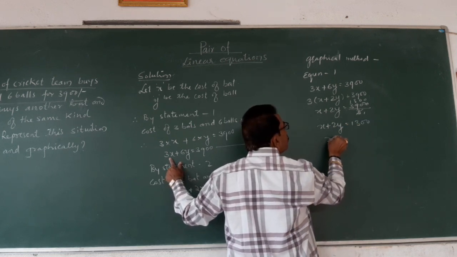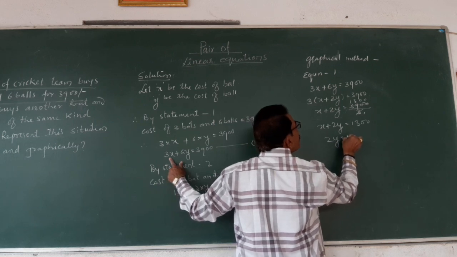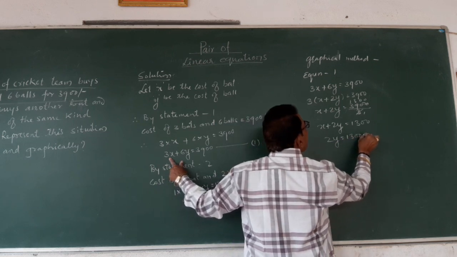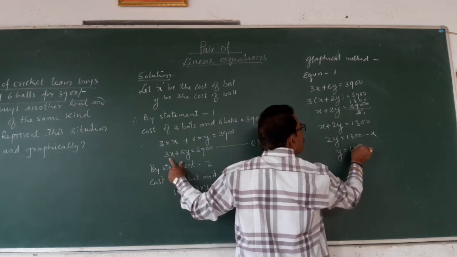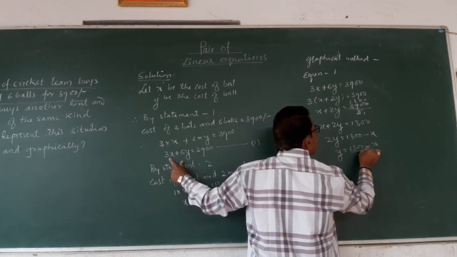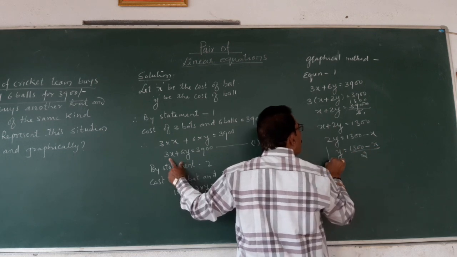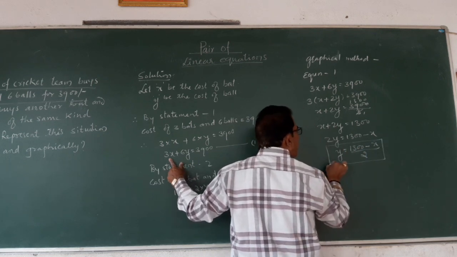So 2y equals 1,300 minus x. Therefore y equals 1,300 minus x divided by 2, which is the tabulated form.